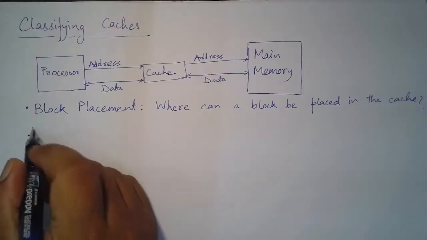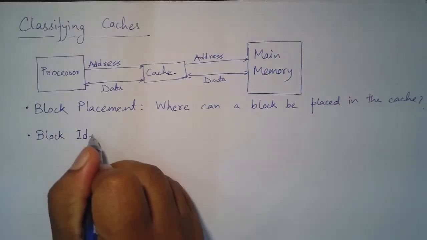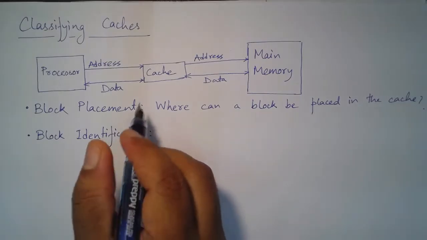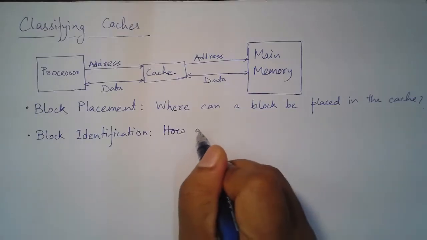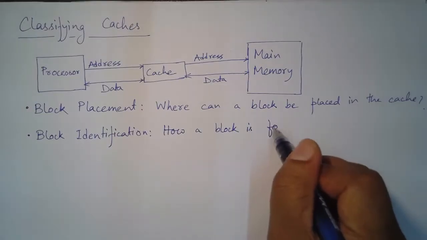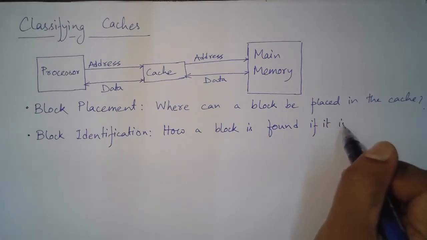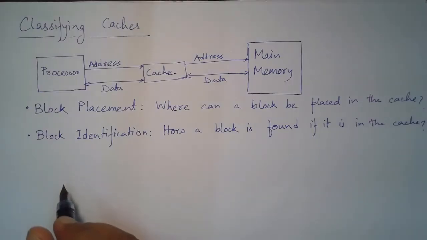So block identification: how a block is found if it is in the cache. Based on that, again we can have different classifications, different types of caches.